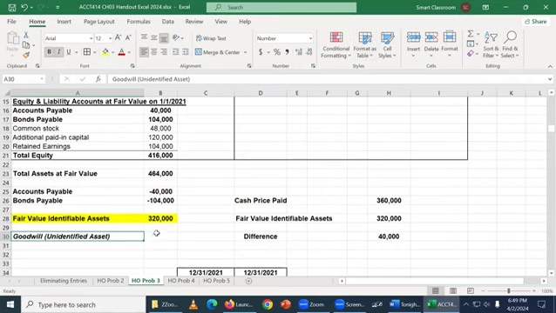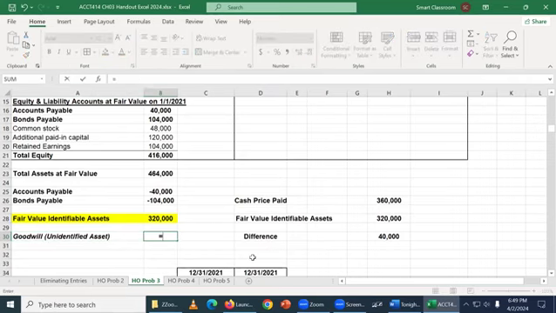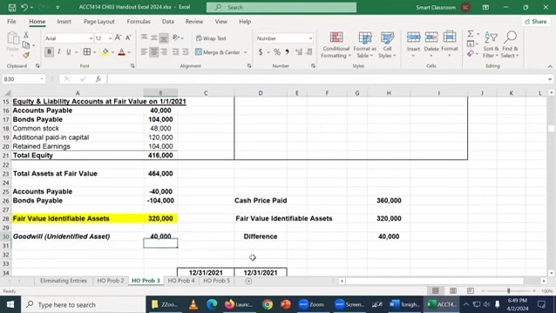It is a little funny, the terminology of it, unidentified, because it sounds like you don't know what it is. But anyway, yeah, so this will be the goodwill, the unidentified asset.